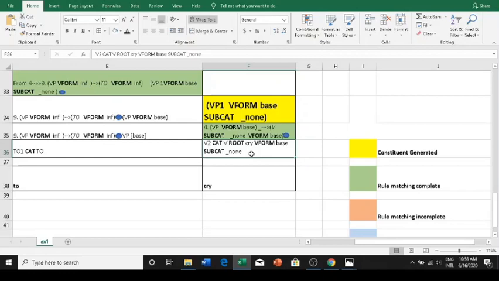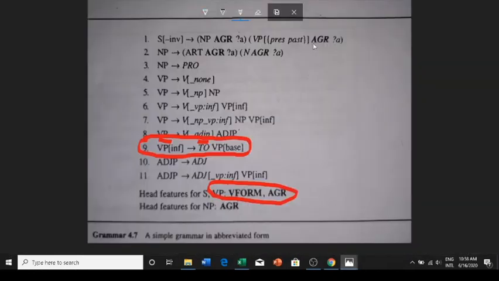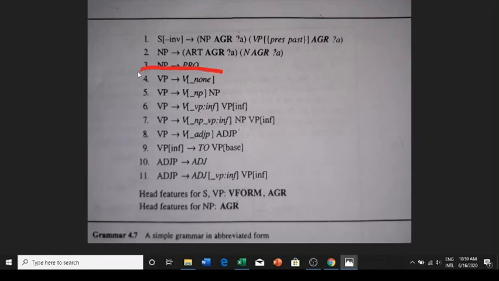So if you see here, we have to look for a V with subcategorization none. Okay, so we are looking for a V with no subcategorization, so that is your rule number 4. So this is a prospective match.